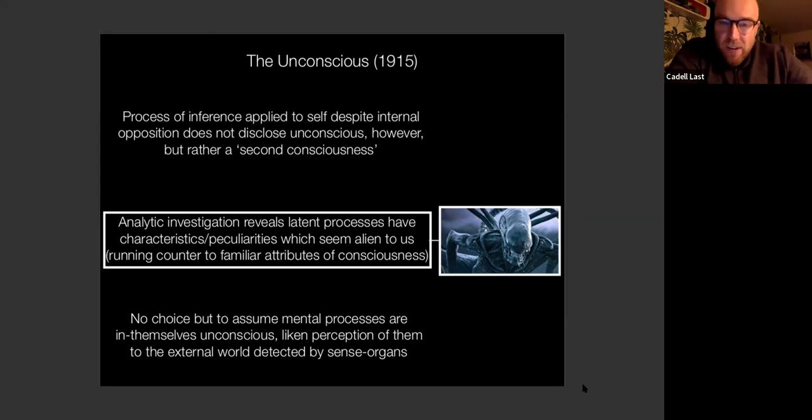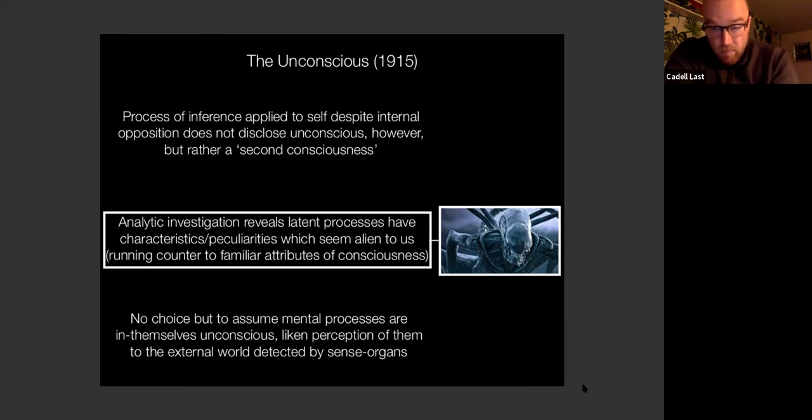But, and I think this is very clever, Freud says, it rather creates a second consciousness, a consciousness of the unconscious, but not the unconscious in itself. And this is a very clever distinction he's making there. Basically, he's saying, again, there's no way out of the mechanism of free association. There's no way out of letting the unconscious speak on its own terms. And that's all the hurdle with psychoanalytic work, really.